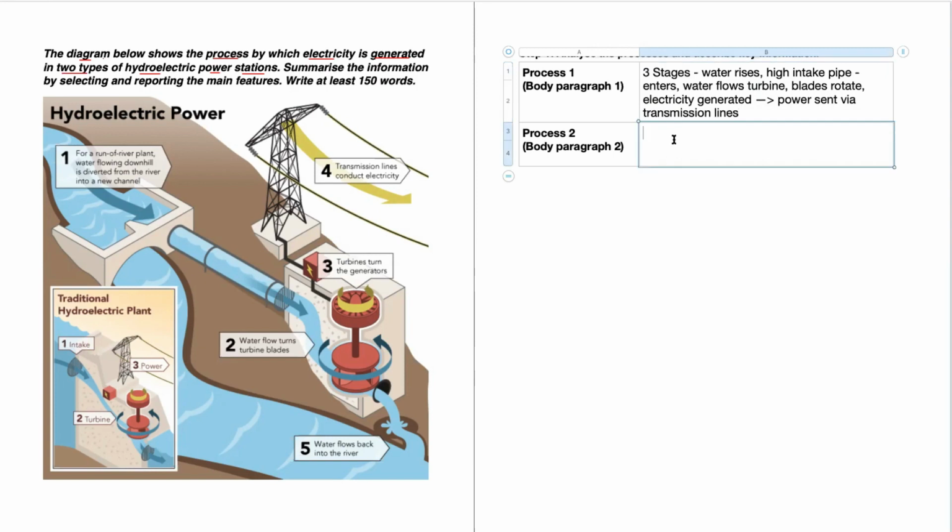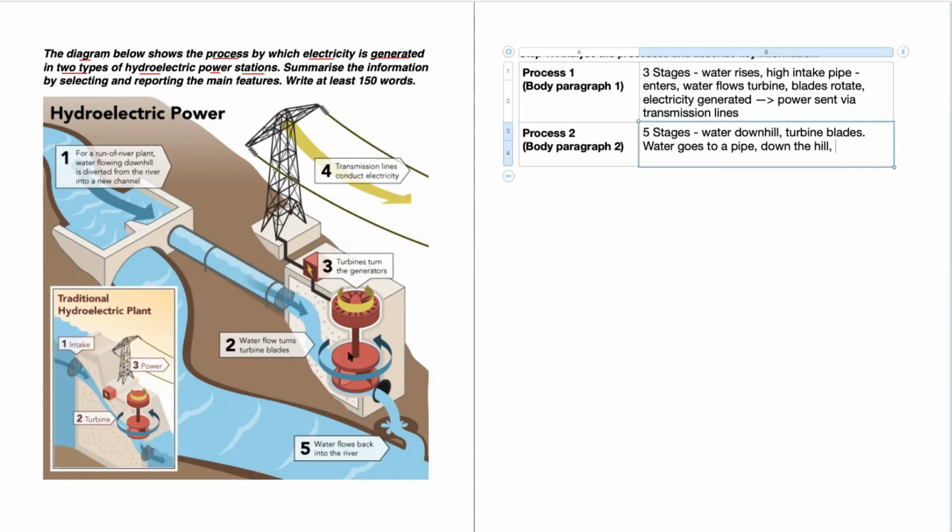Now, process 2, I'm going to say has 5 stages, and I'm going to talk about how water, which looks to be going downhill, goes into turbine blades. Then I'm going to talk about how water is channeled away from the path down into a pipe. So I'm going to say water goes to a pipe down the hill. Then it looks like it enters here, this building.